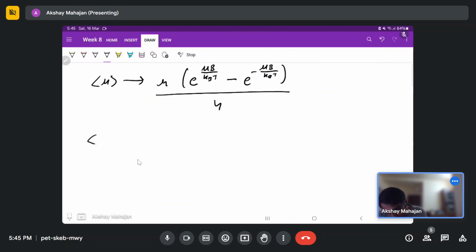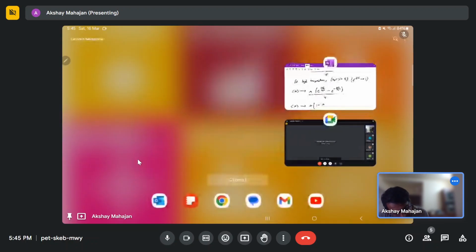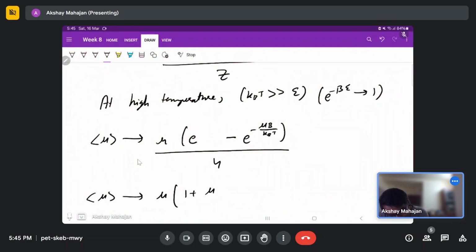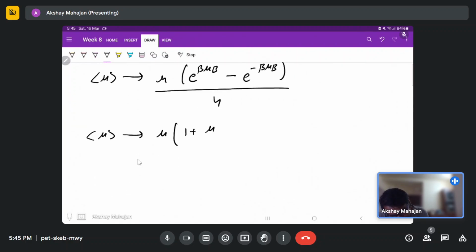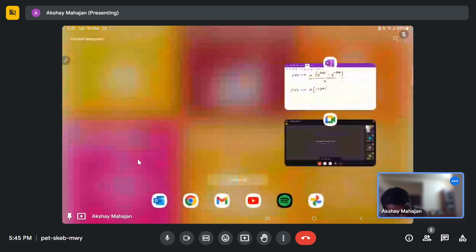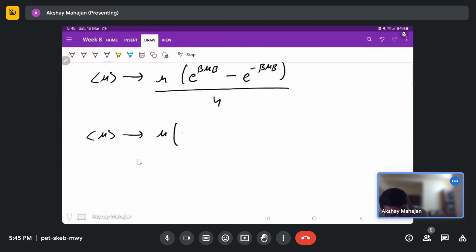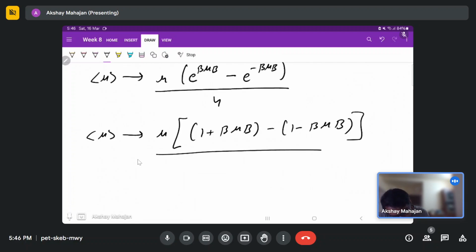Then again, what we have done earlier, you will do the expansion and ignore the square order terms which have a higher power. So you will get 1 plus beta mu b minus 1 minus beta mu b, divided by 4.